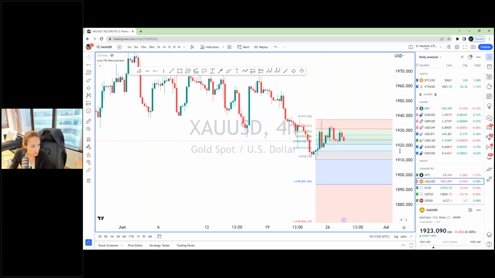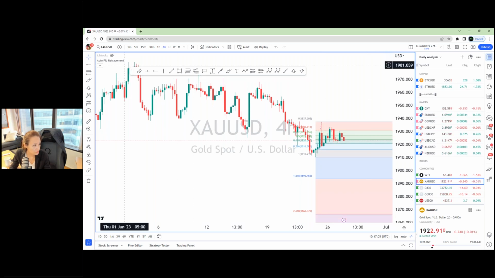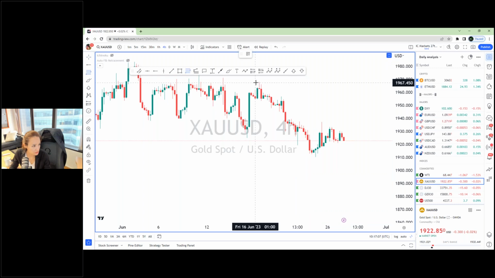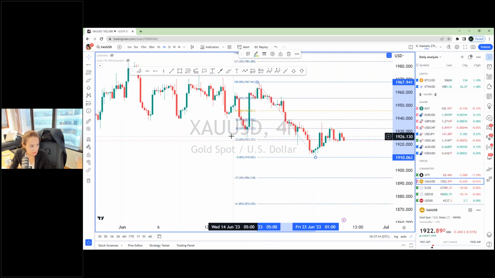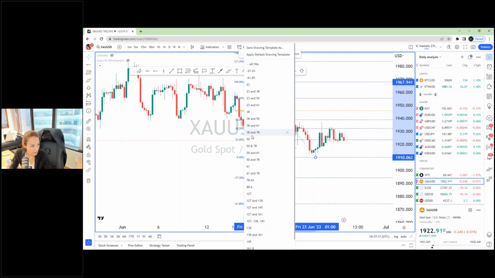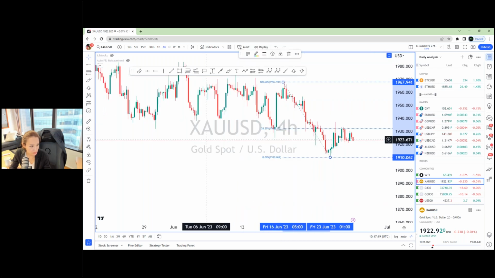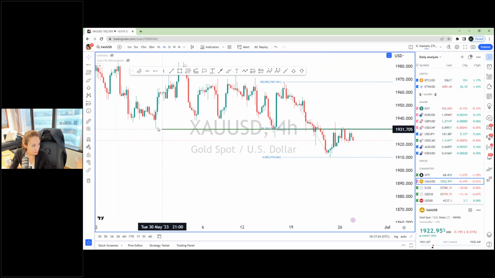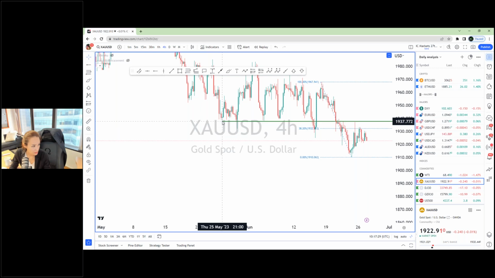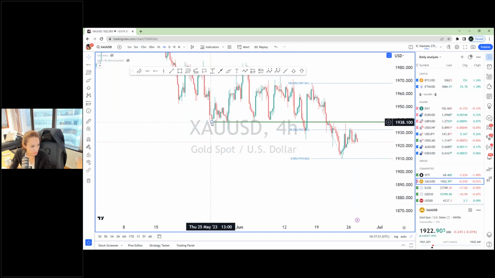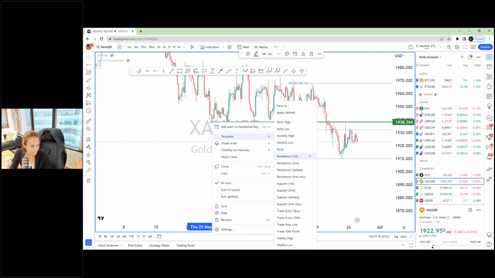But I don't use it, because if I were to draw, I will draw from this one, and then I will get this level, 38.2%. Why do I pick this level? Because this one used to be my support and now becomes resistance, right?